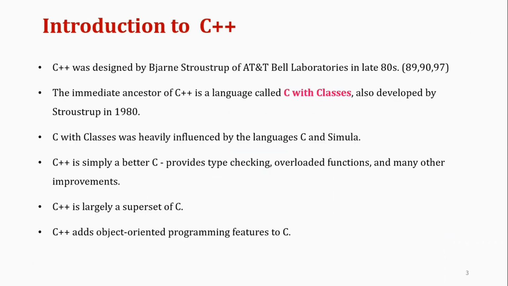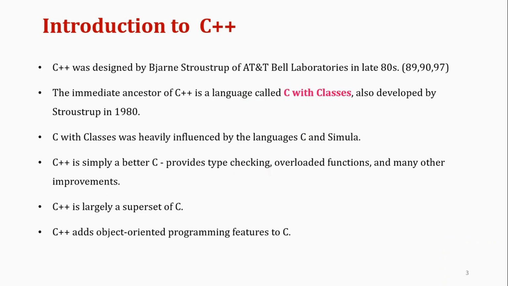So let us start. C++ was designed by Bjarne Stroustrup in the late 1980s at AT&T Bell Laboratories. The ancestor of C++ is C. We can call C++ C with classes, also developed by Stroustrup in the 1980s.